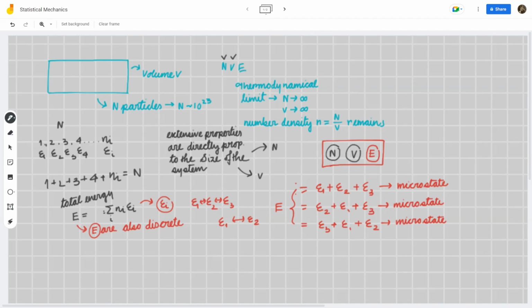This is how macrostates and microstates are defined and related to each other. Now, we can identify various microstates by independent solutions of the Schrödinger equation of the given system, considering eigenvalue E of the relevant Hamiltonian.